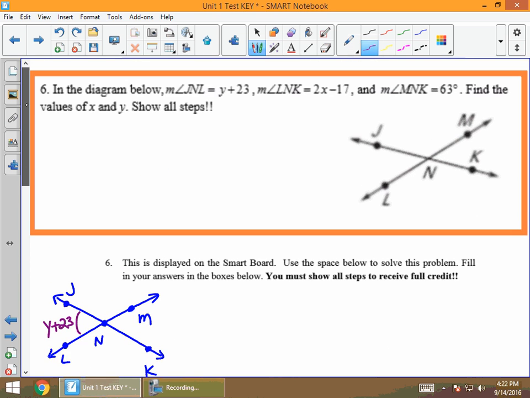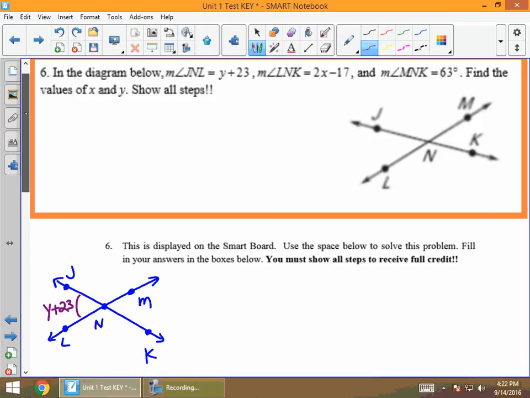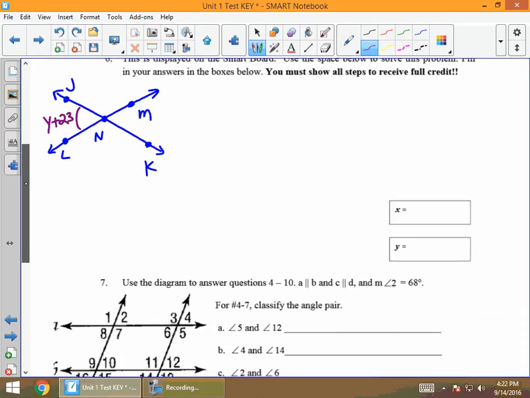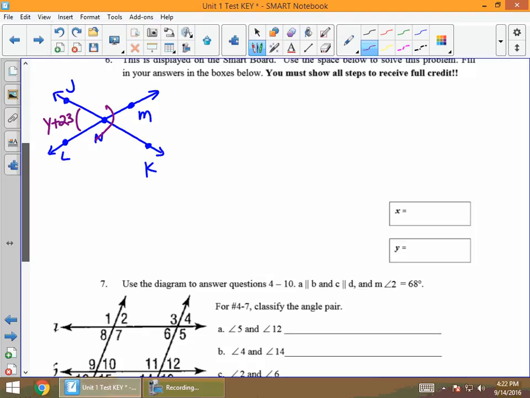And the next one is LNK. So LNK, this is the bottom angle, is 2x minus 17. So down here, 2x minus 17.